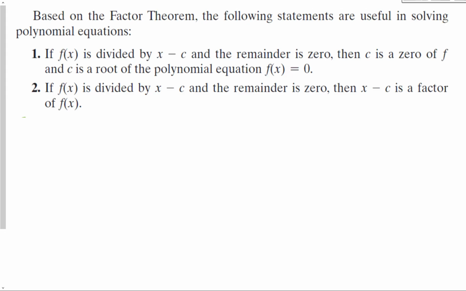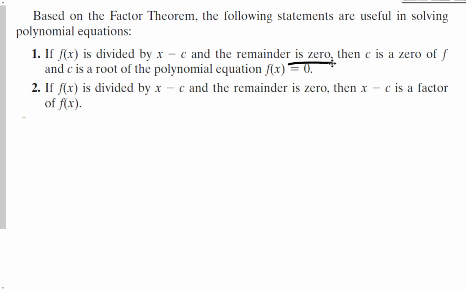That was the factor theorem. So based on the factor theorem, the following statements are useful in solving polynomial equations. 1. If f of x is divided by x minus c and the remainder is 0, then c is a 0 and c is a root of the polynomial equation f of x is equal to 0.